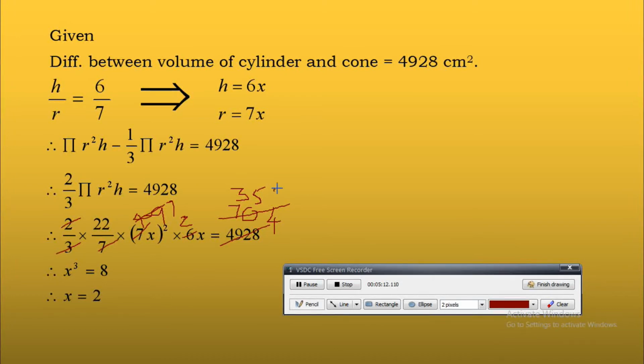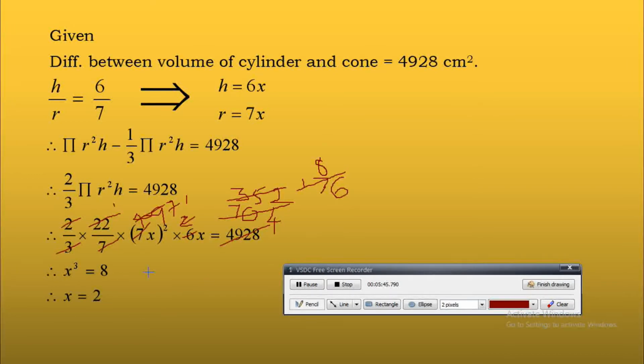Then again let us cancel: the 7 goes with the 7, and this 2 will get cancelled again with this, leaving 176. So this final equation becomes 176.